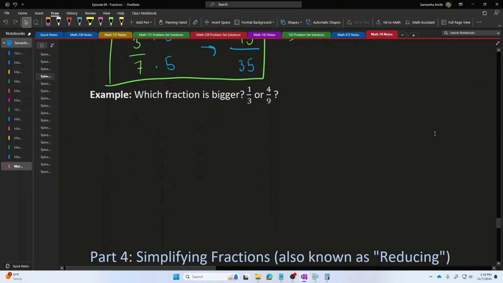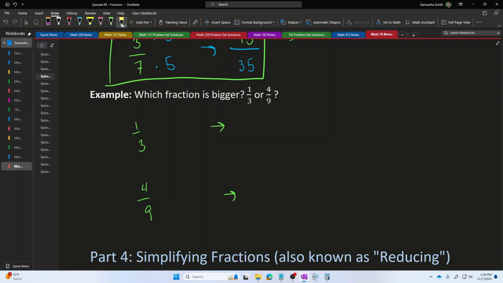And one more time. Someone says to me, which fraction is bigger, 1/3 or 4/9? All I have to do is take the fraction 1/3 and the fraction 4/9 and change each of them so that they have the same denominator in the end.